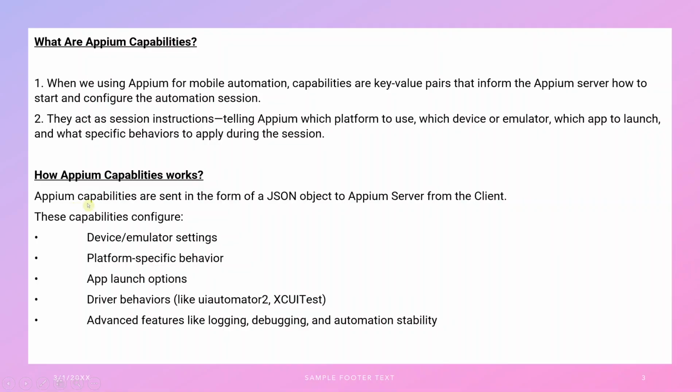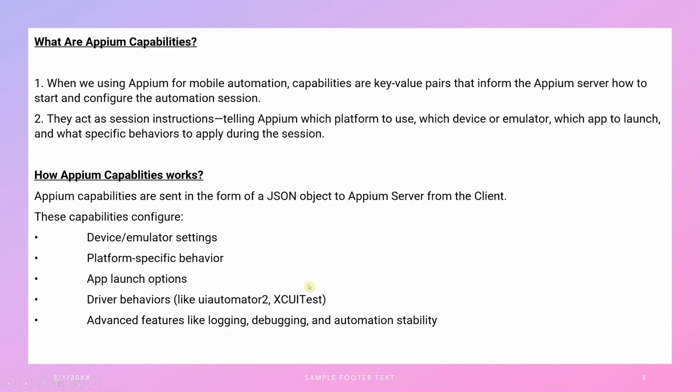APM capabilities are sent in the form of a JSON object from the client to the APM server. It may be any client. These capabilities configure the device or emulator settings, platform-specific behavior, app launch options, driver behavior like UI Automator 2 for Android and XCUITest for iOS, and advanced features like logging, debugging, automation, and stability.